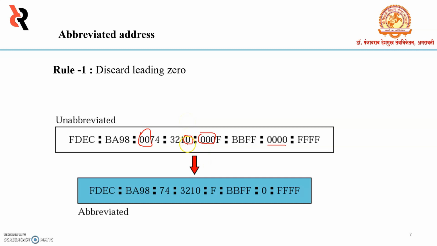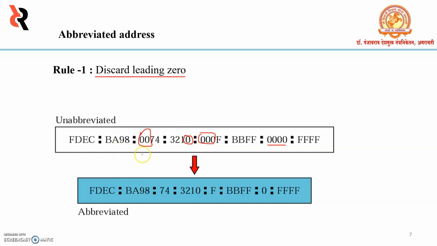We have to remember not to discard the trailing 0. We have to discard the leading 0. That is one way to shorten the IPv6 address. Here we omit the leading 0 in any hex state. This rule applies only to leading zeros and not to trailing zeros. Remember, being able to omit both leading and trailing zeros would cause the address to be ambiguous.